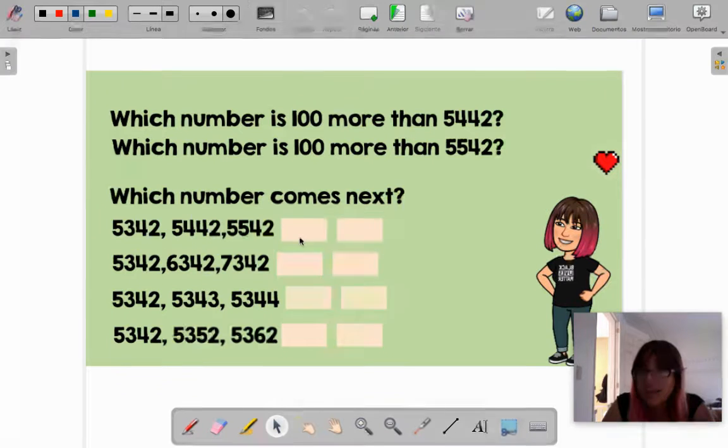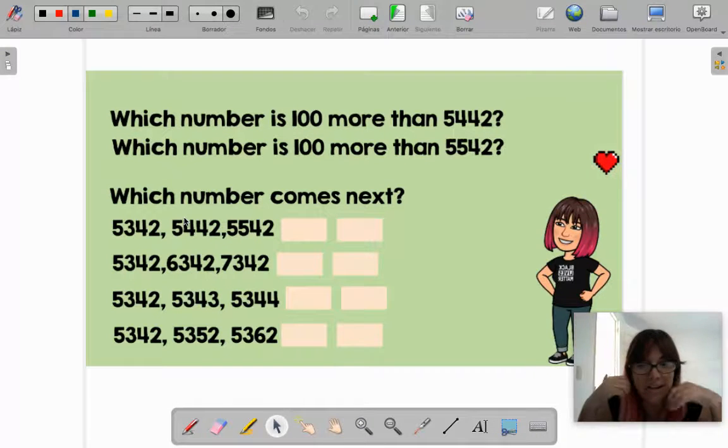Now here is kind of what we did in the last slide. Which number comes next? They are not telling you, so you have to be like an inspector, a number inspector, an investigator, and investigate which is the place that is changing. The ones, the tens, the hundreds, or the thousands.